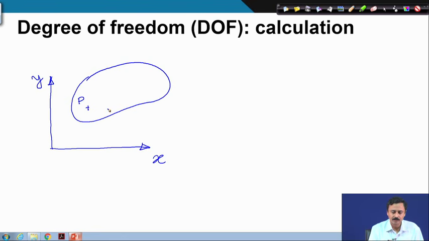So, this is a material point of the rigid body whose coordinates I will specify.